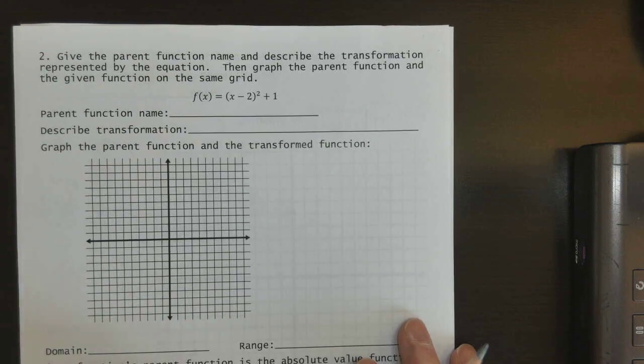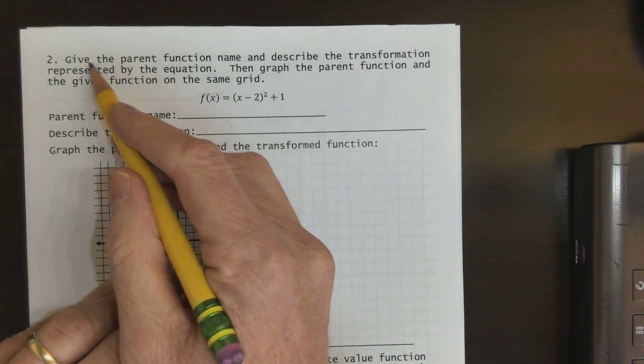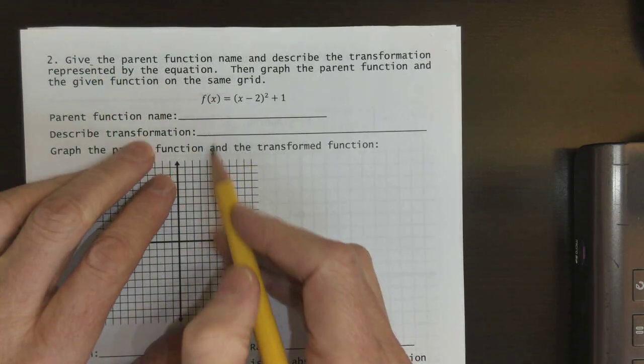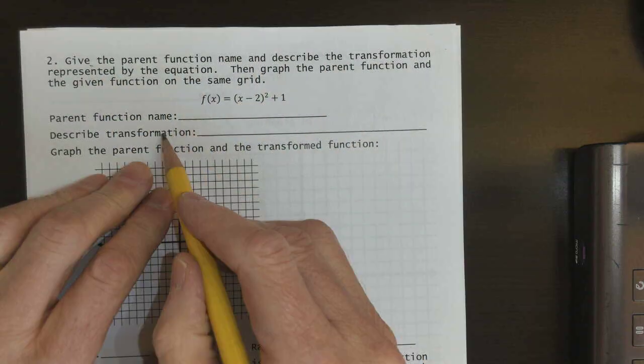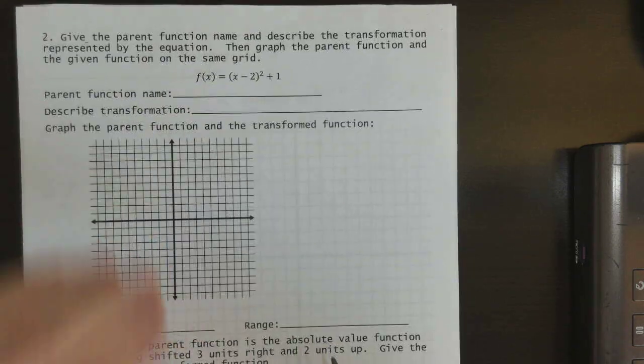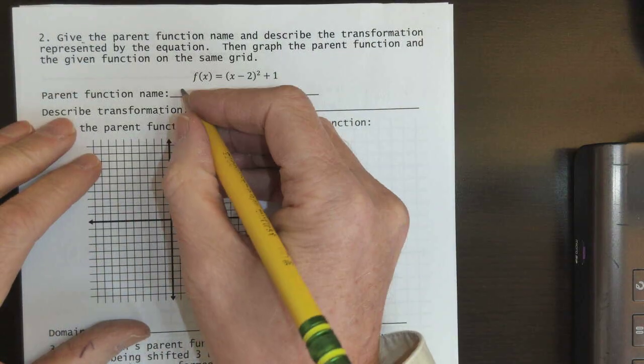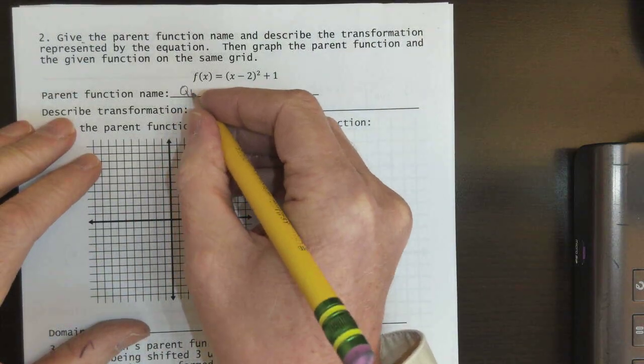All right, number 2. It says give the parent function name. Describe the transformation, and then we're going to graph on the same grid. So the parent function name is quadratic.